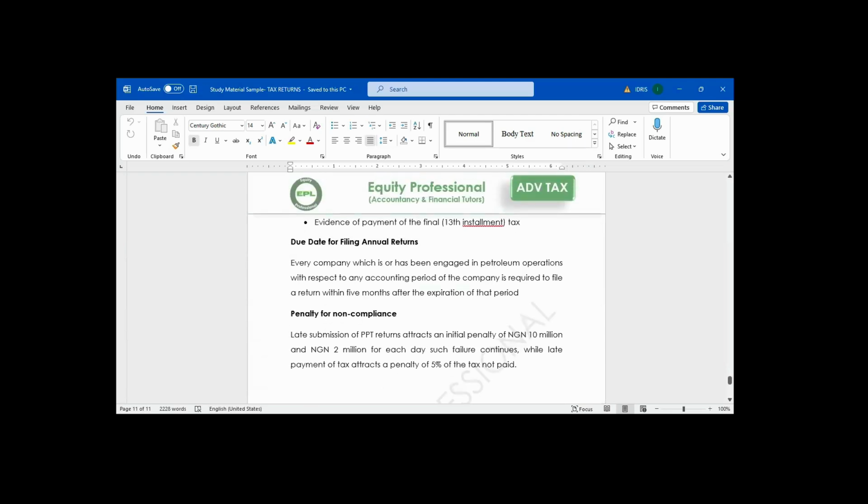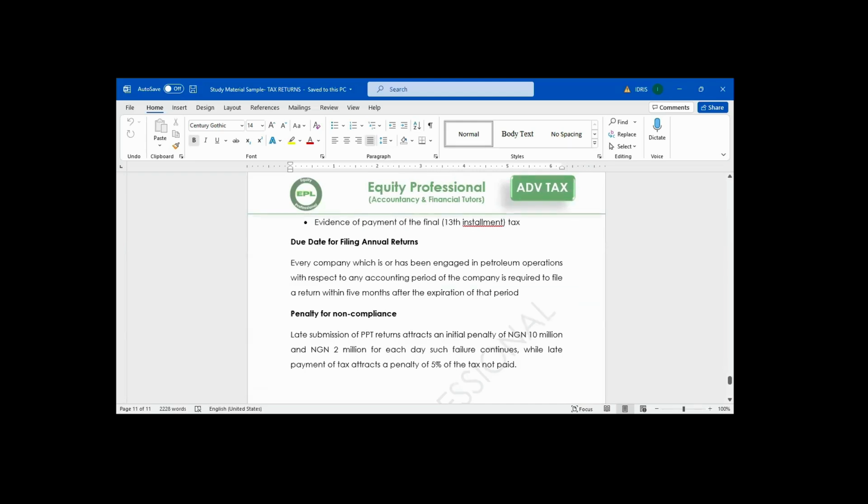for petroleum profit tax. Failure to file annual tax return for petroleum profit tax is going to attract penalties of 10 million naira initial and 2 million naira for each day in which the failure continues.